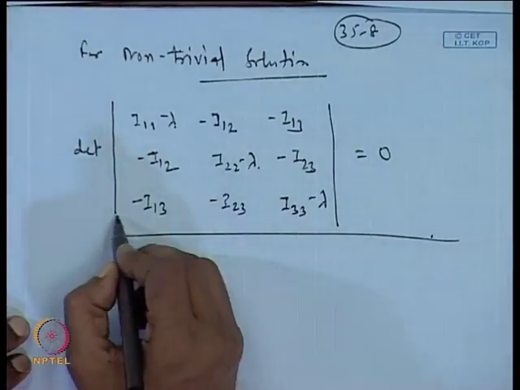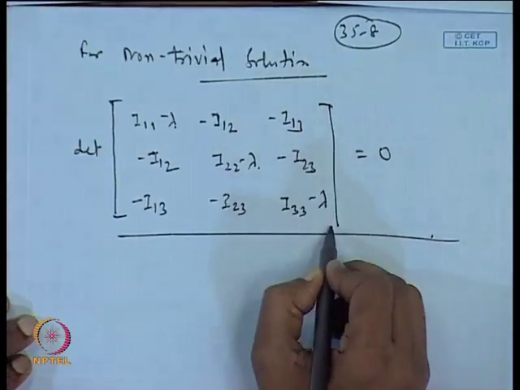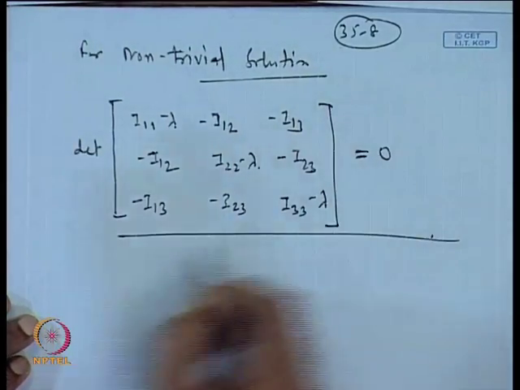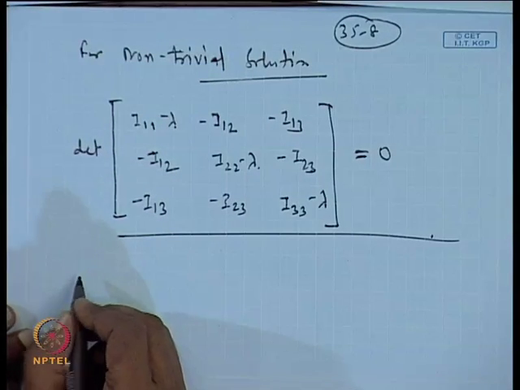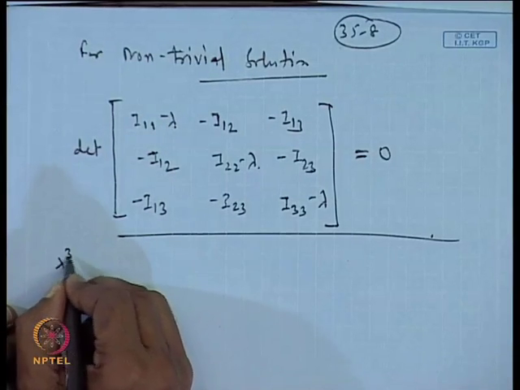So, the determinant of this matrix must be equal to 0. Expand it, and by expanding we can solve. So, we can write here lambda cube, and so on.